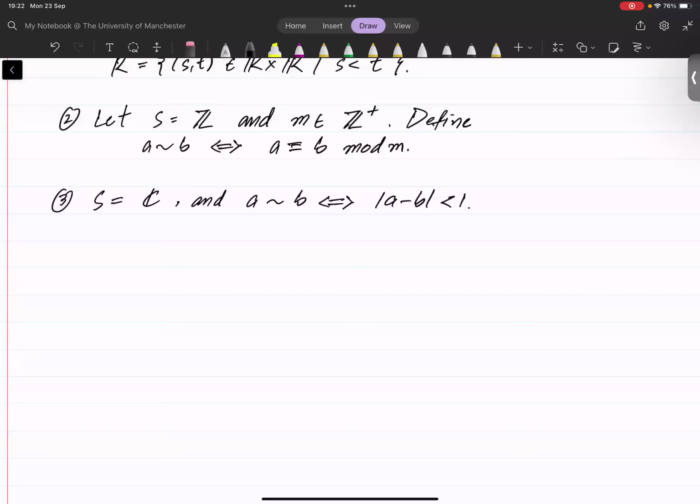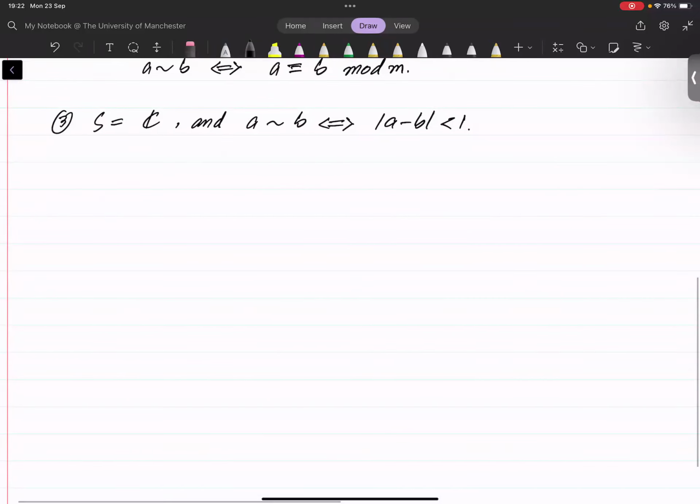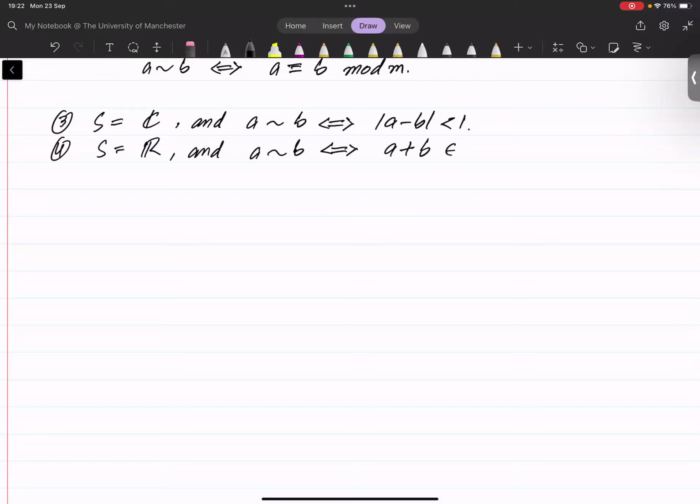Let's say the set S is the set of reals again, and A is related to B if and only if A plus B is an integer.